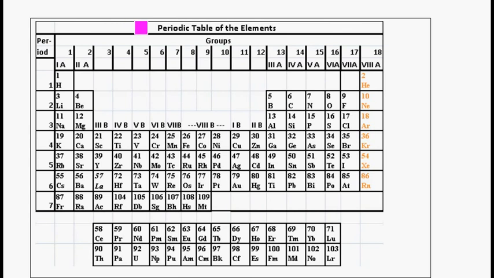Here is now the periodic table of the elements in its final form, and we need to discuss more what the division into periods and groups means for the electron configuration of each of the elements.